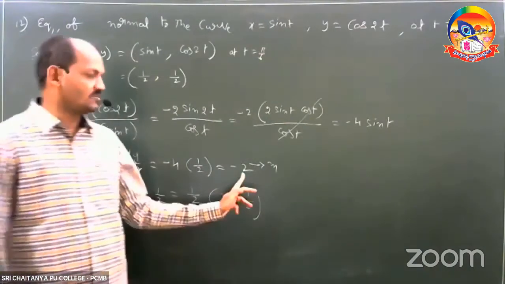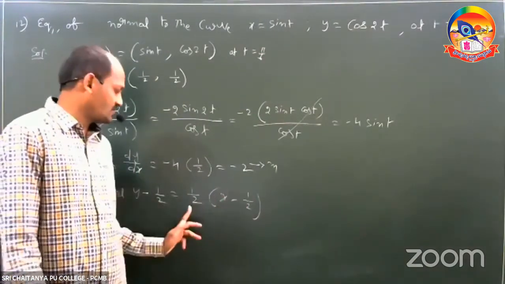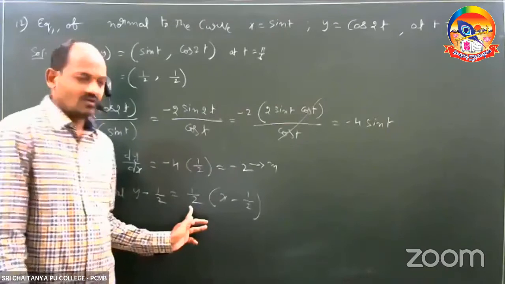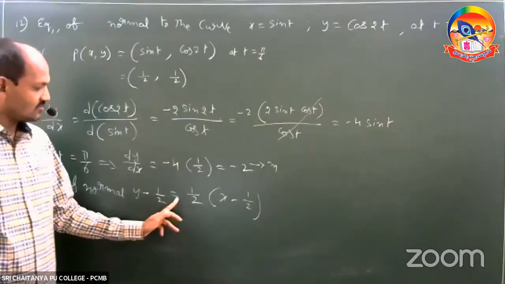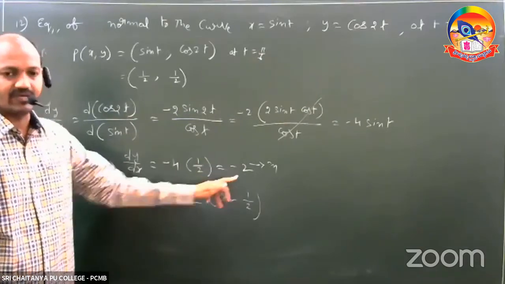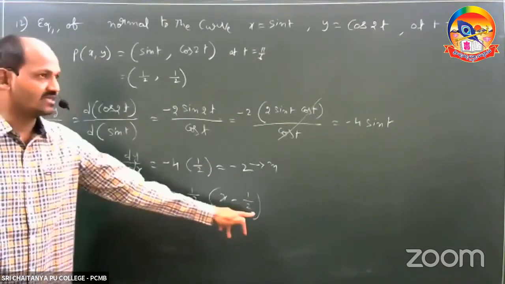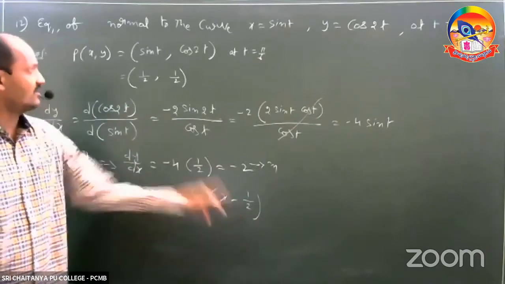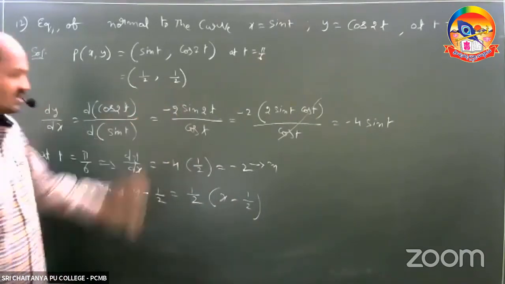Here the slope is minus 2, so the perpendicular slope is 1 by 2. y minus y1 is equal to minus 1 by m, that means minus 1 by minus 2, into x minus x1. This x1, y1 is 1 by 2 comma 1 by 2.